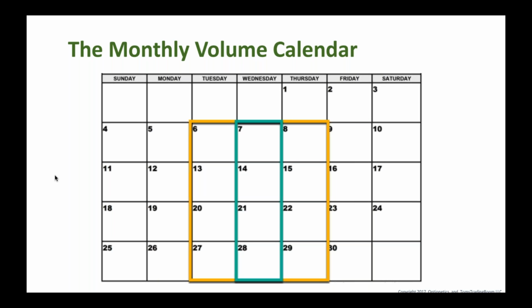Tuesday and Thursday would be the second best days to enter or exit based on liquidity. That's where the most option volume actually trades, Tuesday, Wednesday, Thursday. Do you know that's also the days where most corporate earnings reports come out? That's also when most government and economic reports come out.